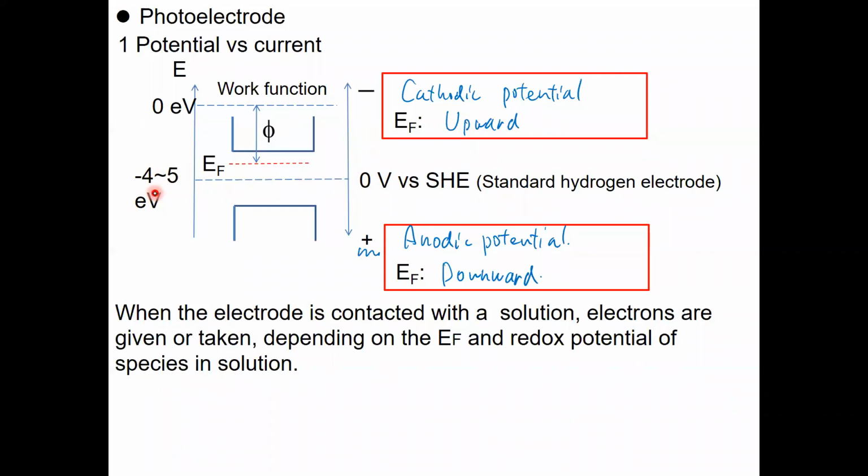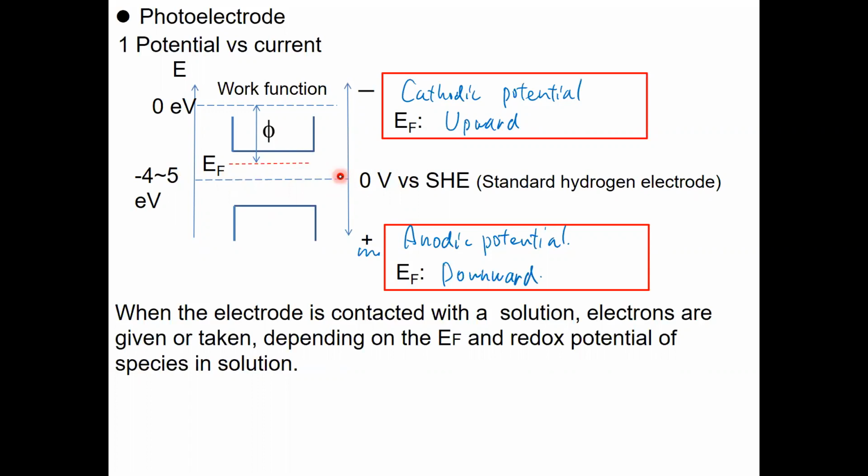Of course, these two measurements are different. The work function is measured in a vacuum, and for this electrode potential measurement, the electrode must be in a solution. So there's no direct contact, but there are many studies to correlate this energy.